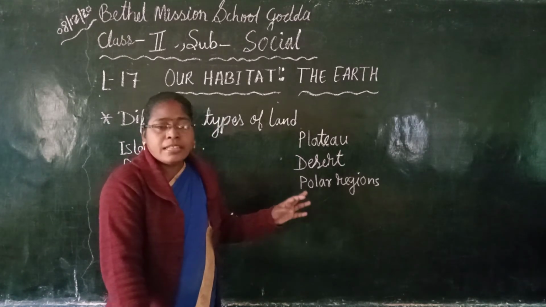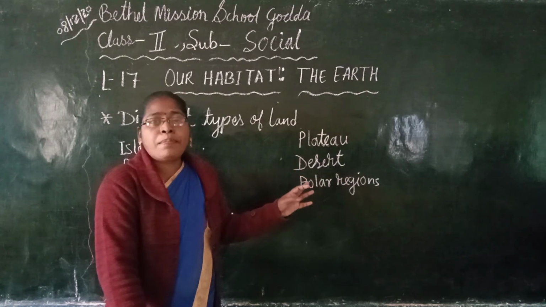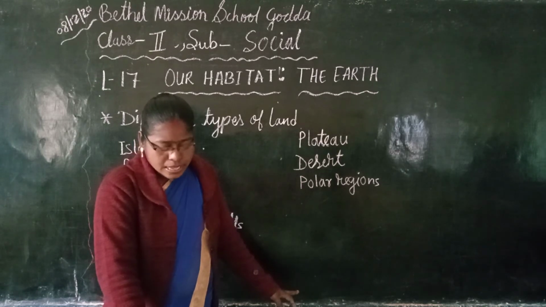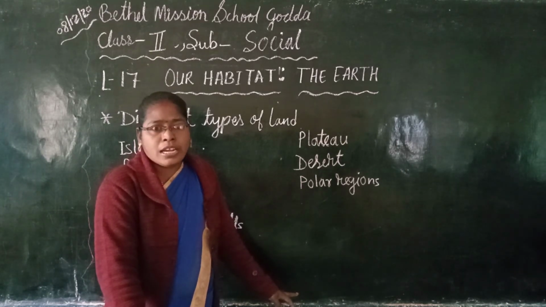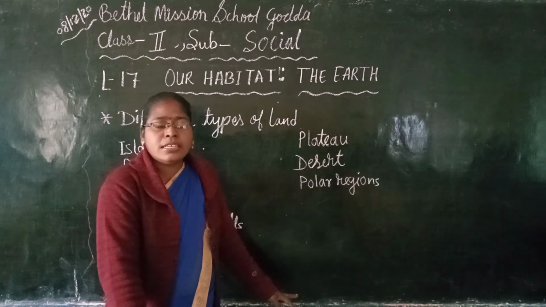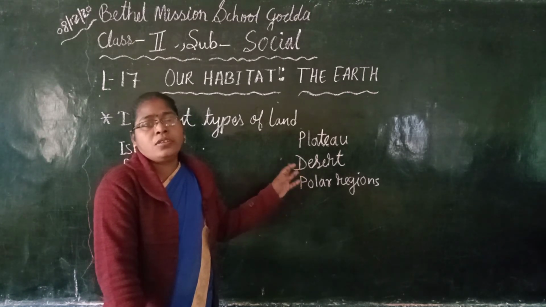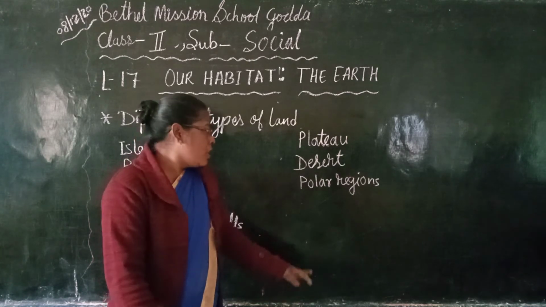The main plant that grows in the desert is cactus. And the camel is a very important and useful animal found in the desert.